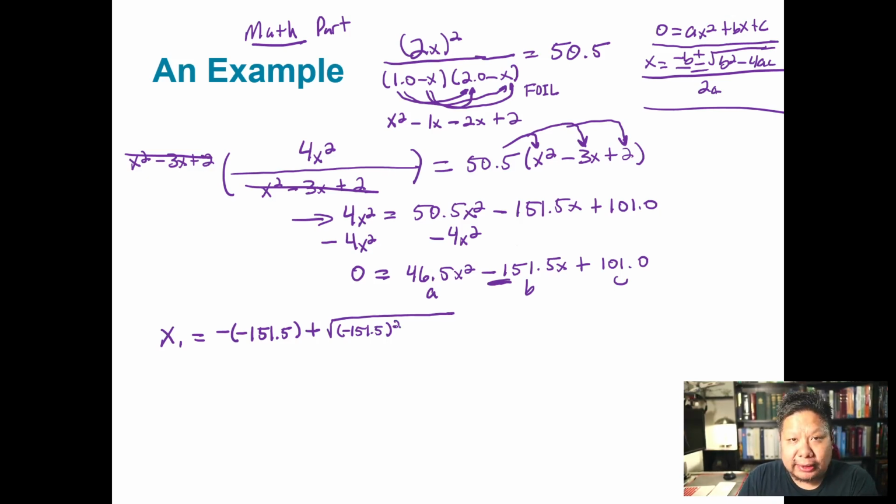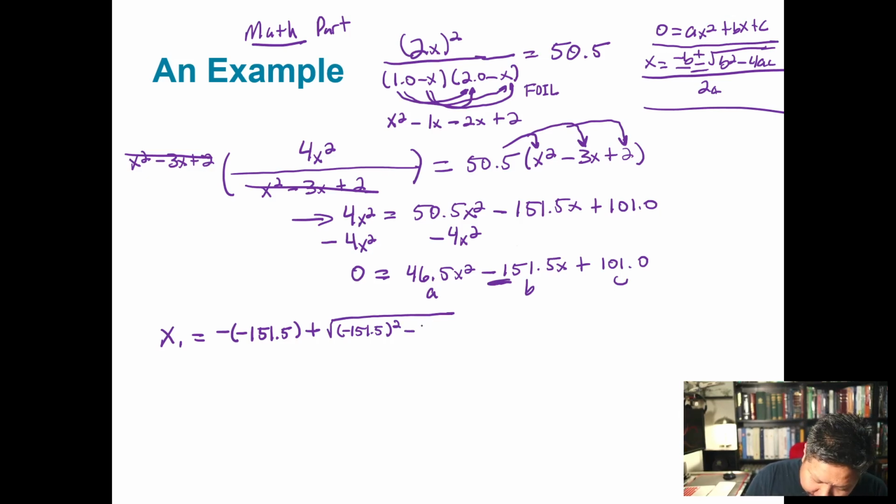If you don't do this, your calculator will think that you're going to square the 151.5 first and then put a negative on it, and that would be incorrect because you have to square both the number and the sign, right? And that way the number turns out to be positive in the end, not negative, right? So you'll get the wrong answer if you don't put the parentheses around the negative sign and the number so that you can do a square, all right? I know calculators should be smarter than that, but they're not, all right? And then we'll keep on going.